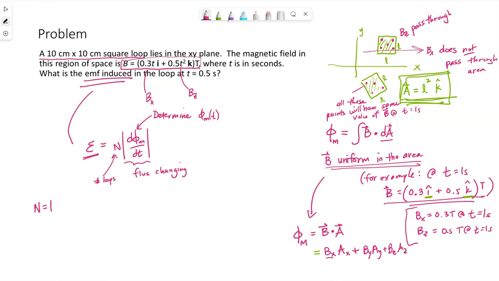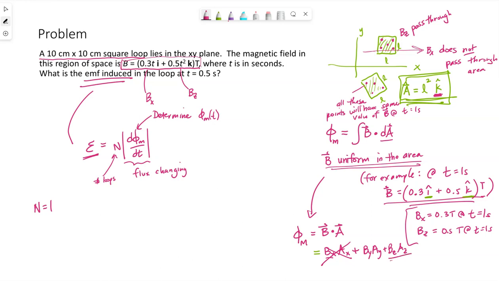We do have an x component of the magnetic field, but we do not have an x component of the area. The area vector is normal to the surface, meaning perpendicular to the surface. That's why we wrote it up here in terms of k hat.